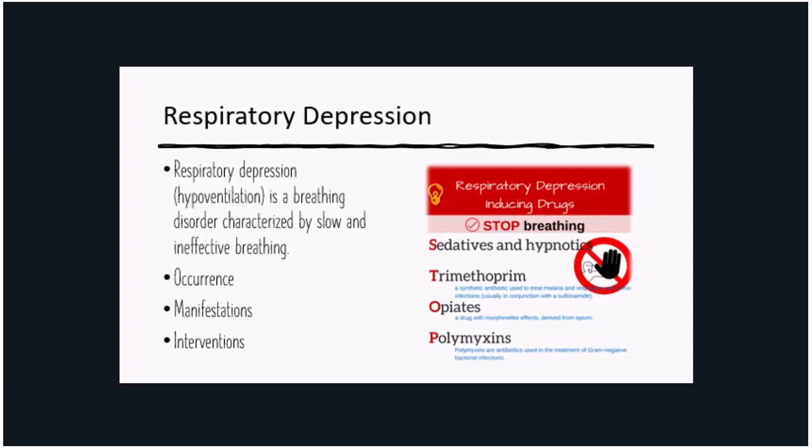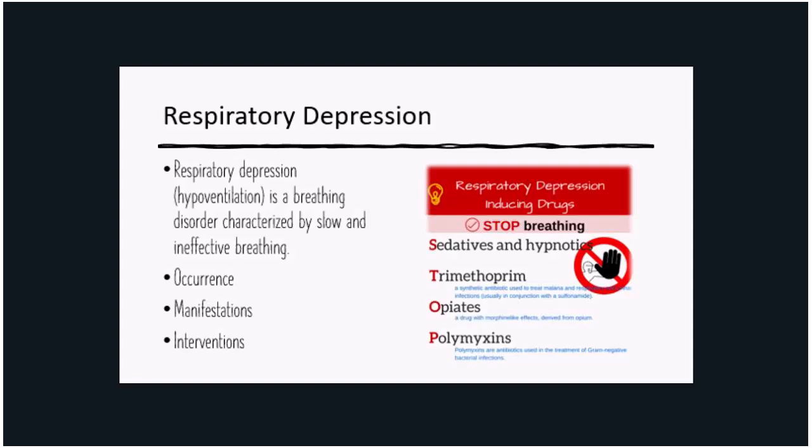Now let's look at respiratory depression. And so this is also known as hypoventilation, and it's a breathing disorder characterized by slow and ineffective breathing. So the occurrence can be immediately after the procedure, up to 48 hours. So the manifestations of this in your patient will be bradyapnea, shallow respirations, decreased level of consciousness.